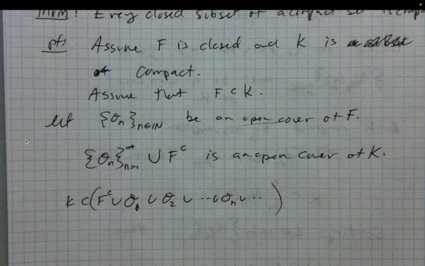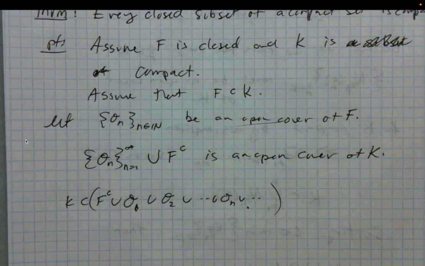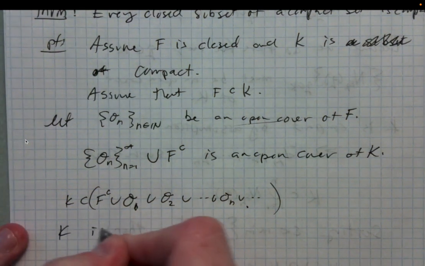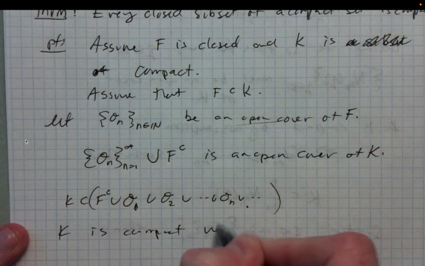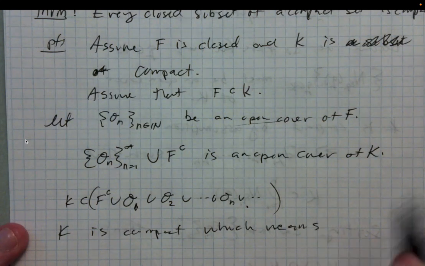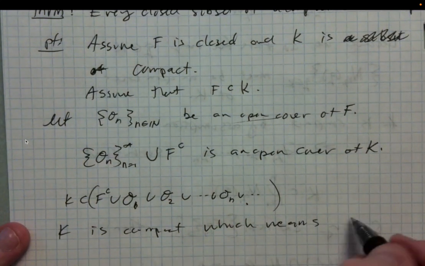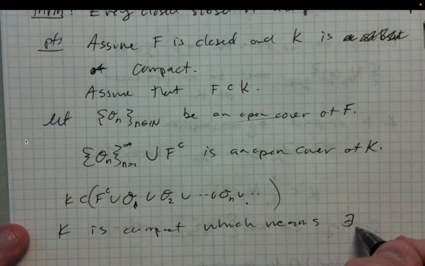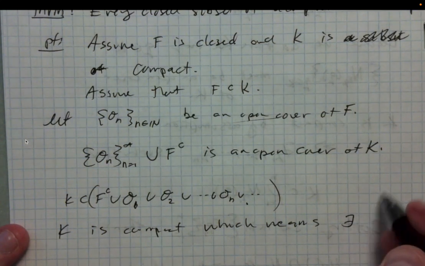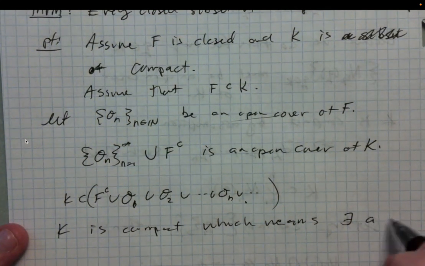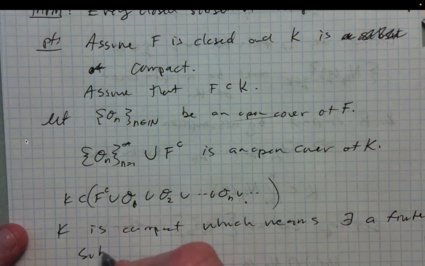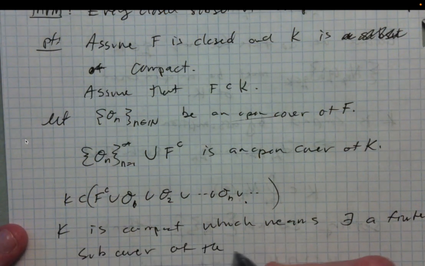Now, since K is compact, a finite number of these should cover K. So K is compact, which means that there exists a finite subcover of the above cover.